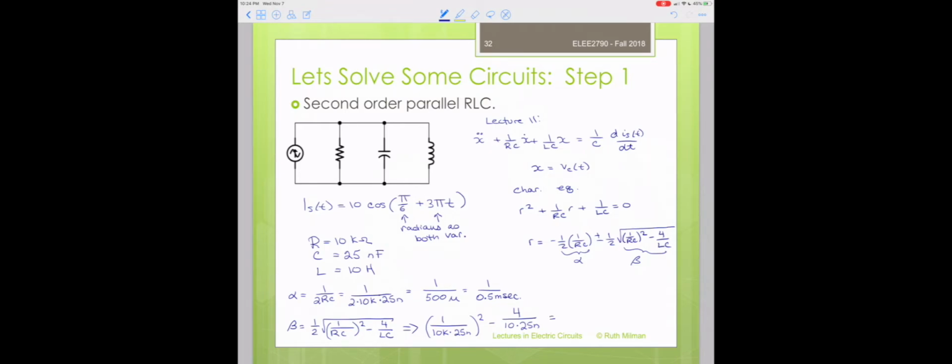This is equal to 1 over 250 times 10 to the minus 6, or micro, squared, minus 4 over 250 times 10 to the minus 9.